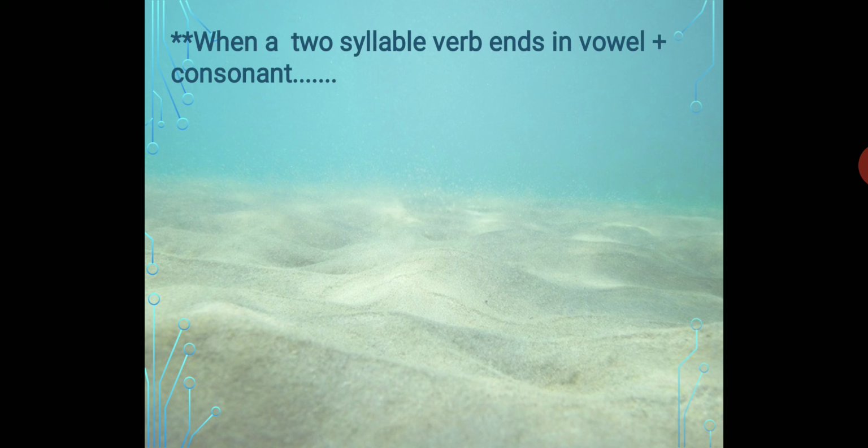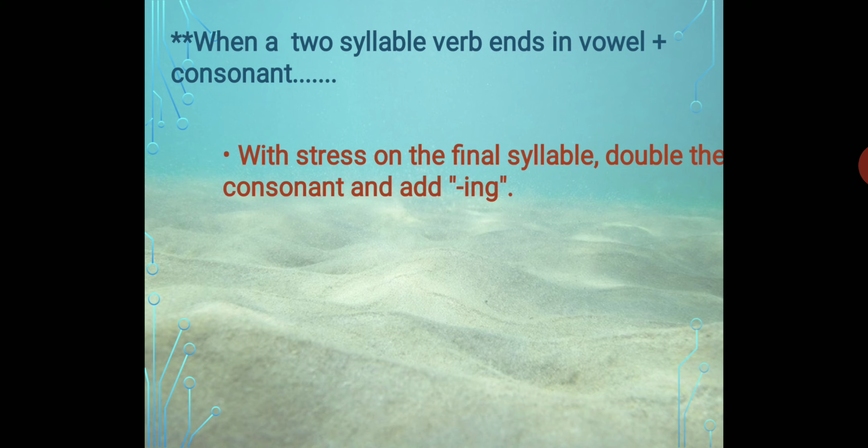The next rule, when two-syllable verbs end in vowel plus consonant. Before this rule, we learnt that if a one-syllable word ends with a consonant and before the consonant there is a vowel, we double the last letter and then add ing. In this case, with stress on the final syllable, we double the consonant and add ing.